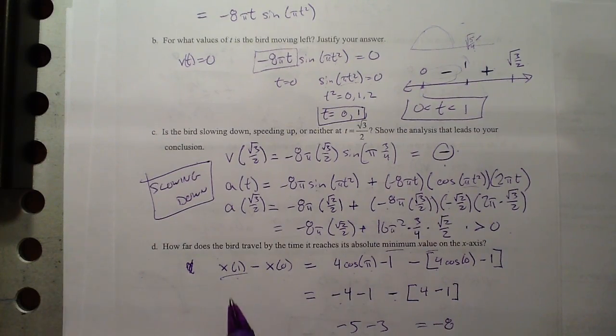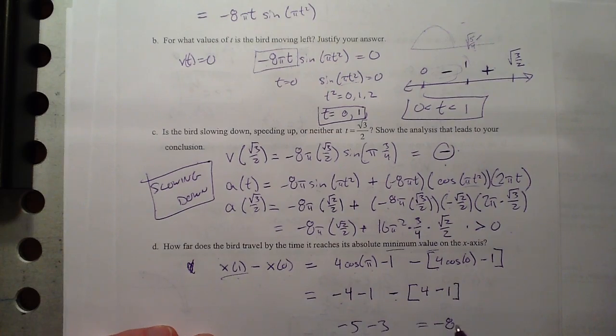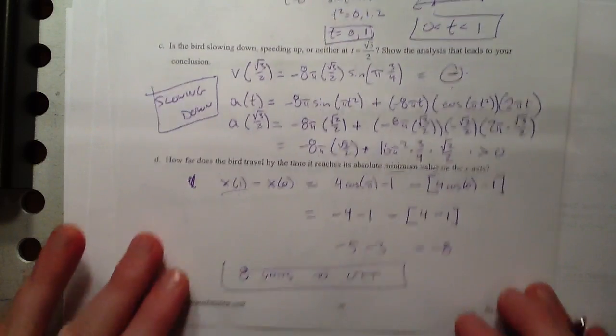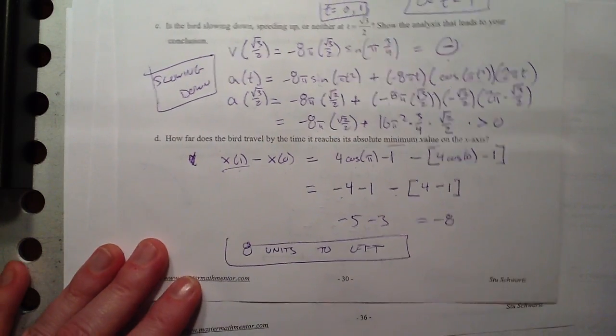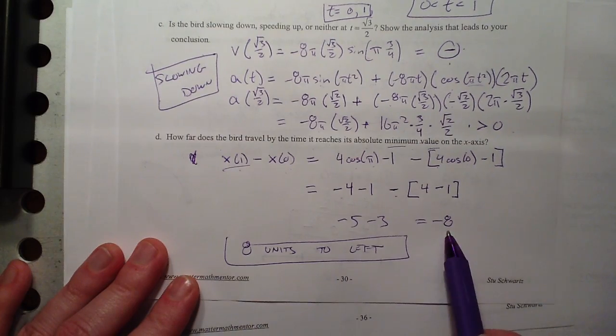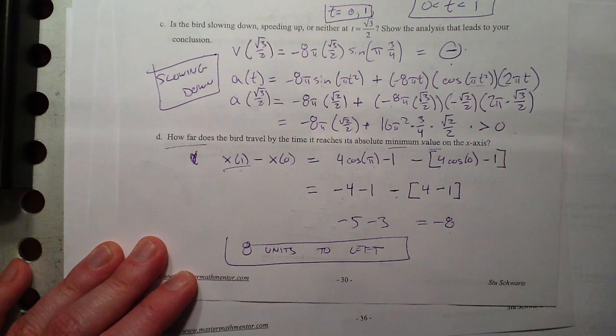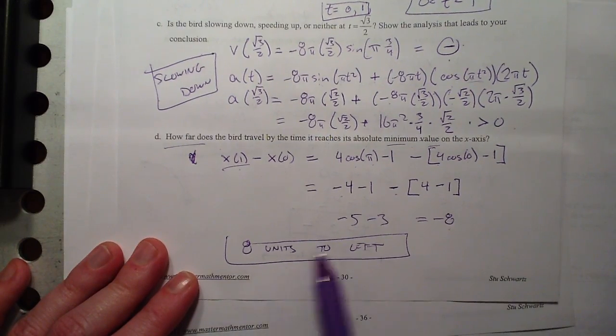So its displacement from time 0 to time 1 is -8. And they said, how far does it travel? So it travels 8 units to the left. Its displacement would be -8, but if somebody asks a question, how far, you would not answer with a negative number, right? You would just say 8 miles, 8 meters, 8 feet, whatever, or 8 units, and then you could say to the left. Okay.